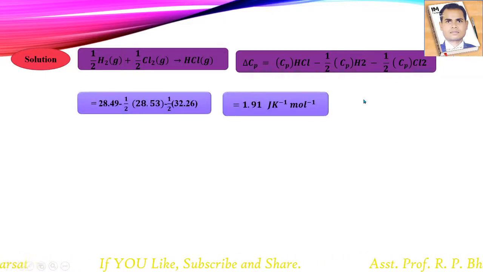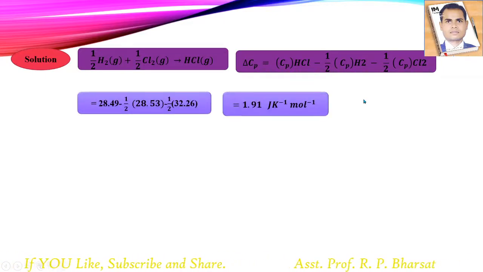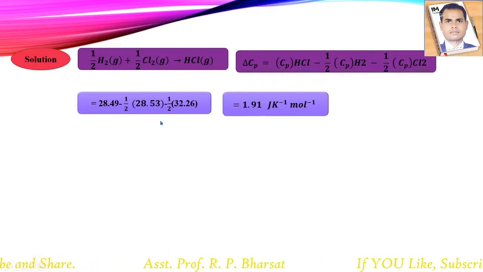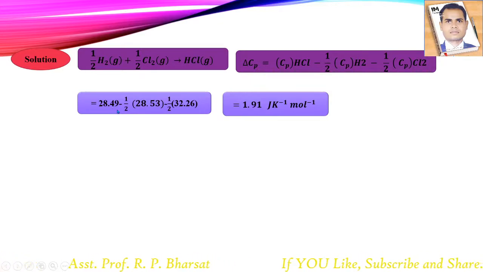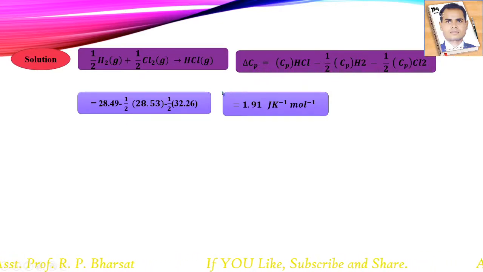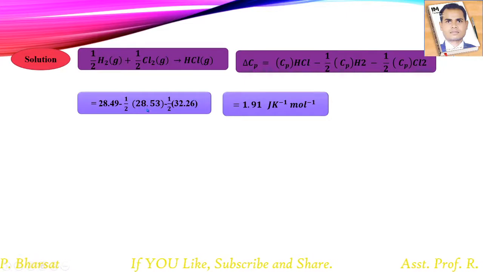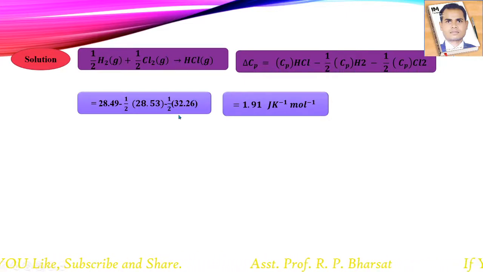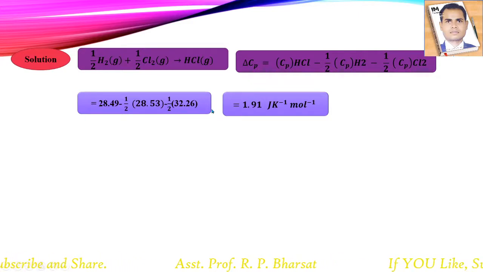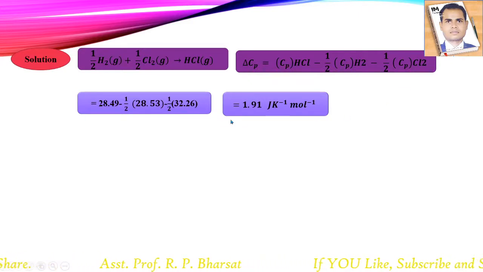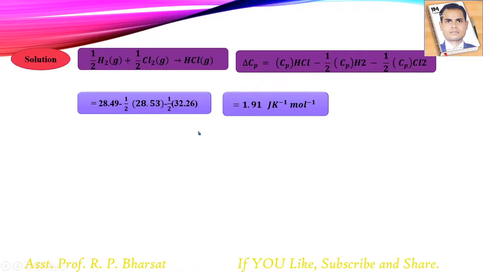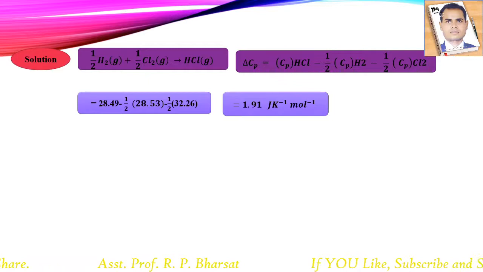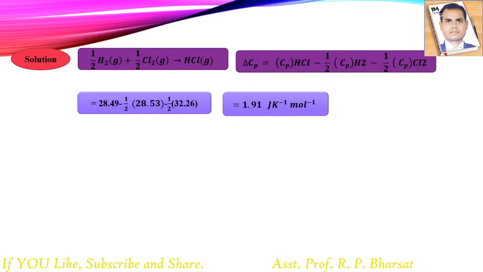Now we have to put in these values, in this way: 28.49 for the HCl, minus half in bracket 28.53 for the H2, and minus half in bracket 32.26 for the Cl2. And if you calculate this, you will get 1.91 J per K per mole.